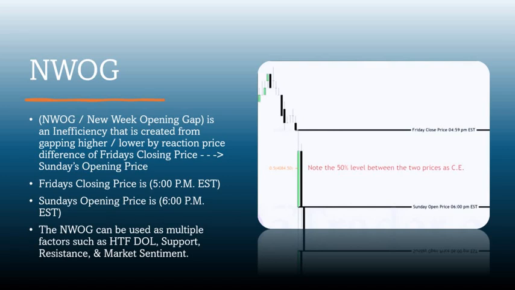So a new week opening gap, these are gaps formed from Friday's closing price into Sunday's opening price, creating a big gap, and it'll be worth something to the market algorithm because it wants to be interacted with later in the week, or maybe later in the next week, or the week after that. Just keep them marked out, okay? They are important, and you need to mark them out.